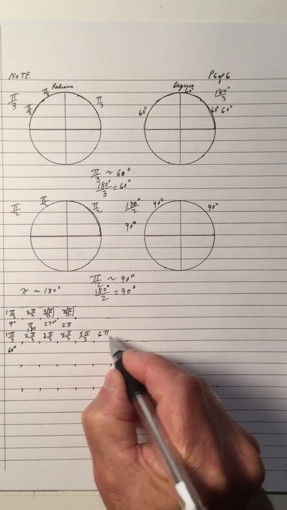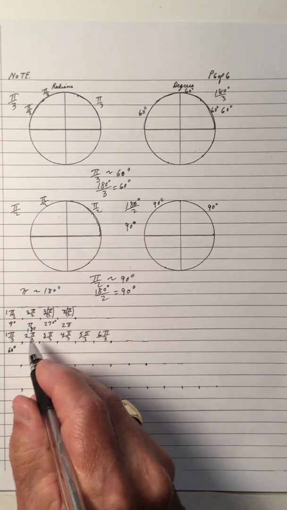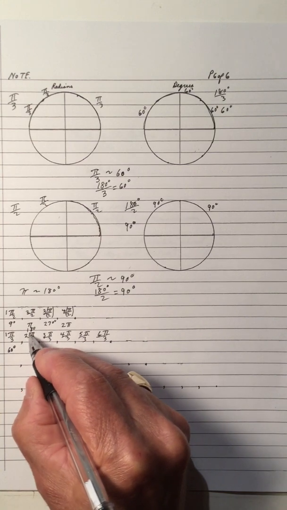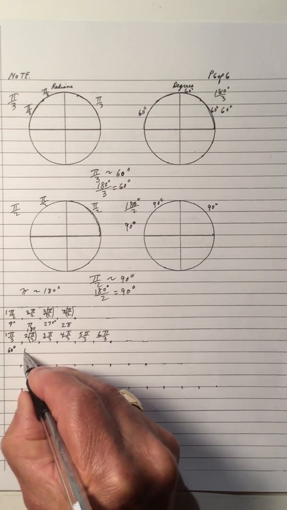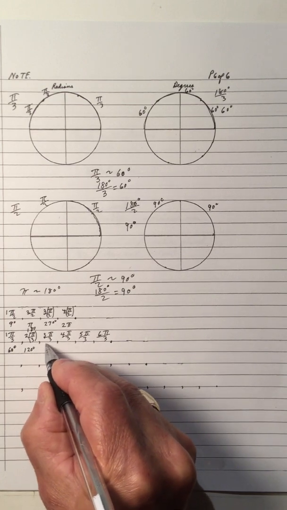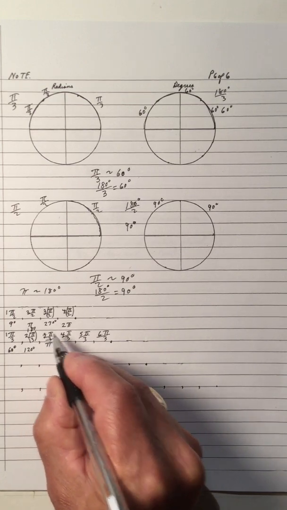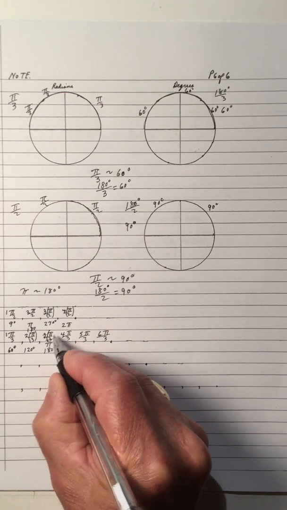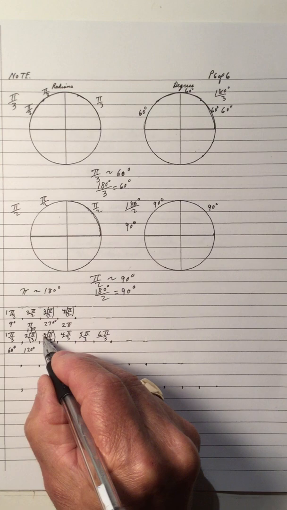6 pi over 3s. So notice that 2 pi over 3, that's a 60 times 2, that's 120. 3 pi over 3 simplifies to pi. The 3s cancel out, and pi is 180. Notice pi over 3 times 3.